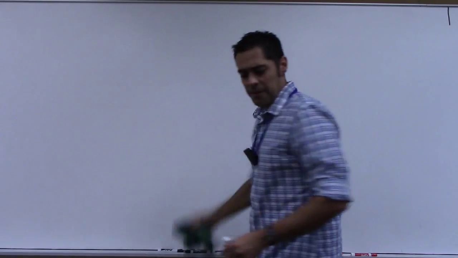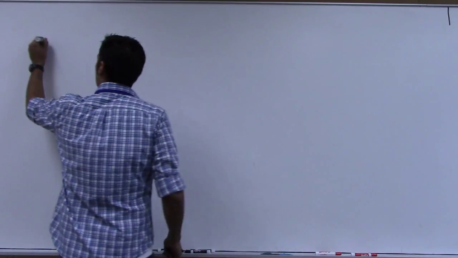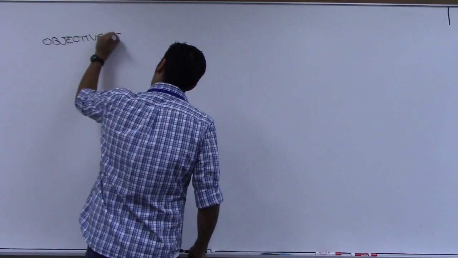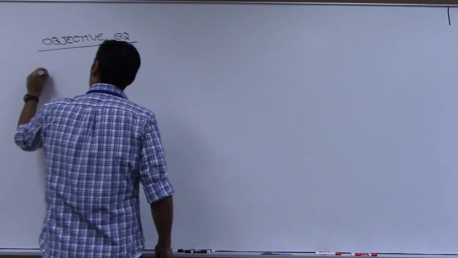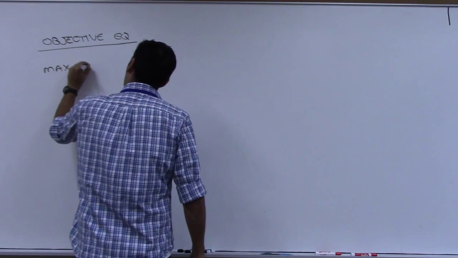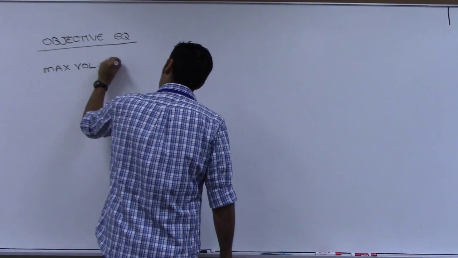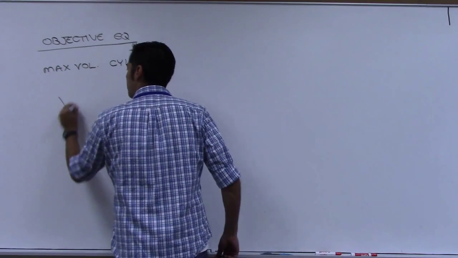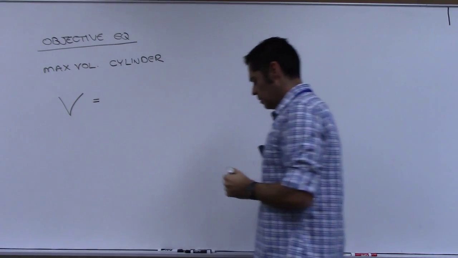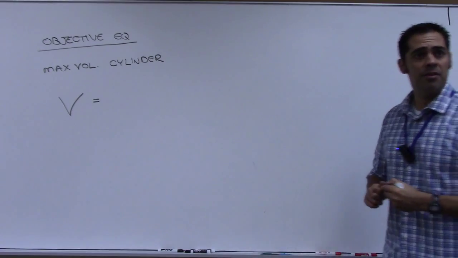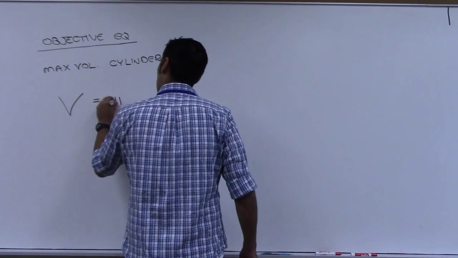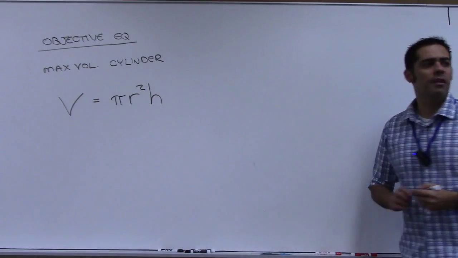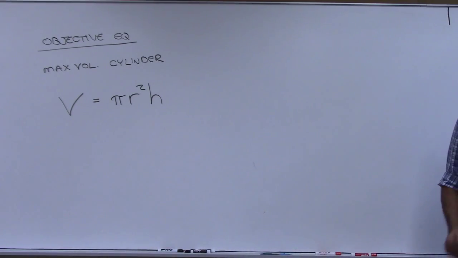So the objective equation is going to come from the fact that we want the maximum volume for the cylinder. All right, so what is the volume of a cylinder? Pi r squared h. That formula relies on two variables, r and h, right?